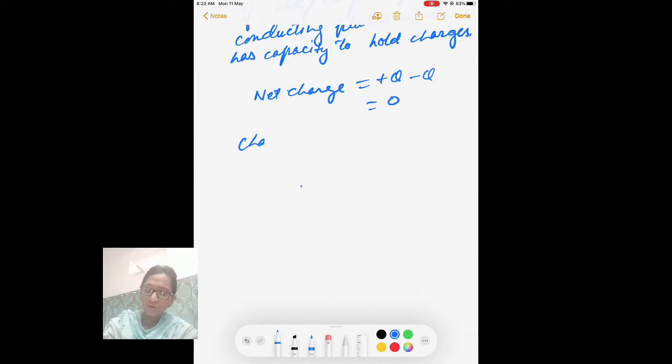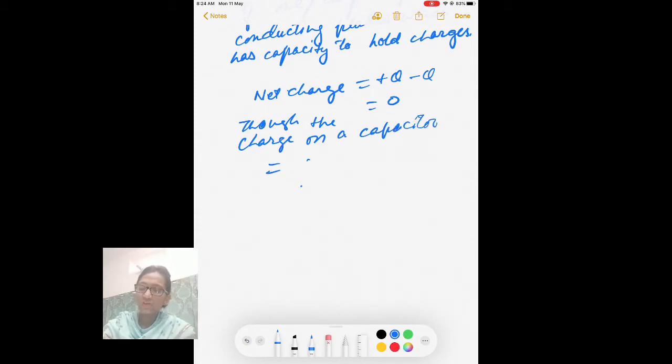So the charge on a capacitor is equal to charge on positive plate.